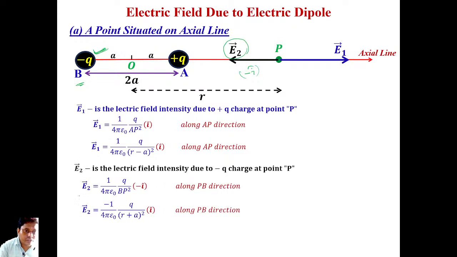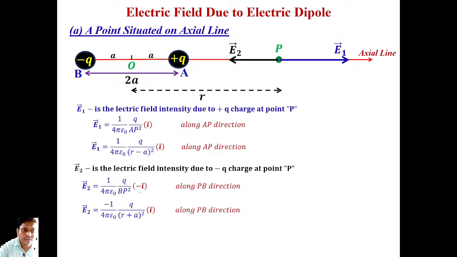The value of E2 will be 1 by 4 pi epsilon 0 times q, the magnitude of this charge, by BP squared, that means the B to P distance squared. If OP is r and BO is a, then the BP distance will be r plus a, squared.